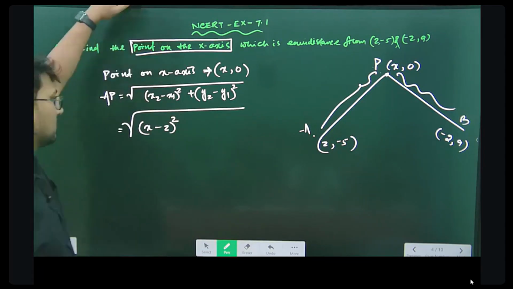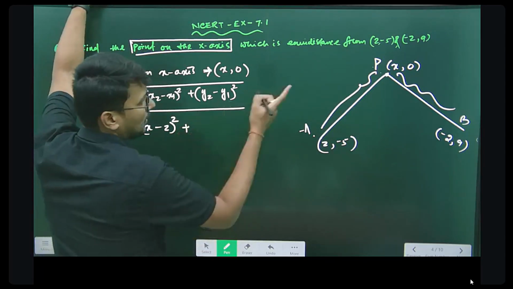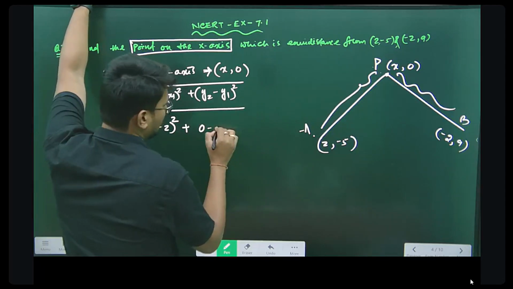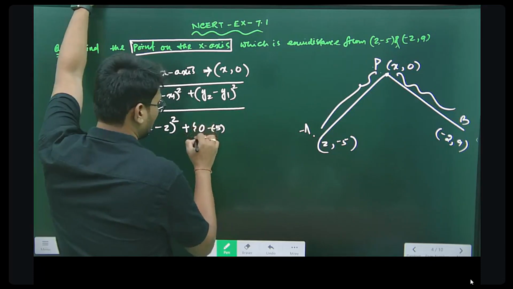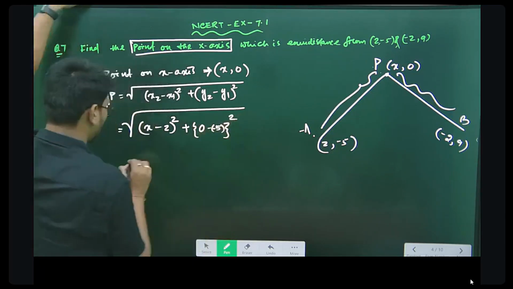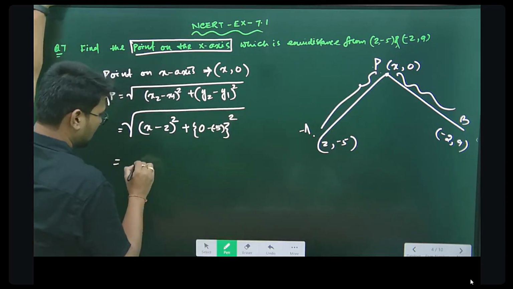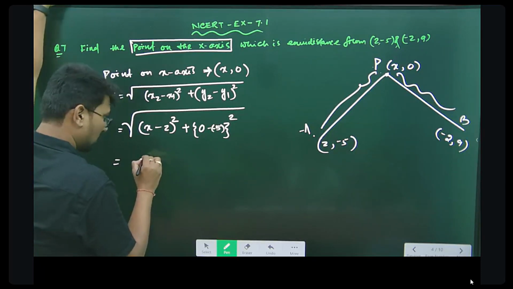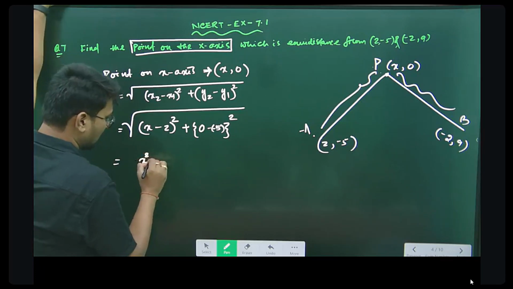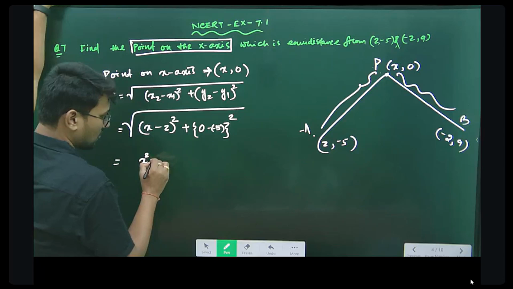Okay, then next, plus y2 is 0 minus minus 5, right? Whole square. Yeah, tell me the value. Oh, you want to simplify? Okay, x square minus 4x plus 4.